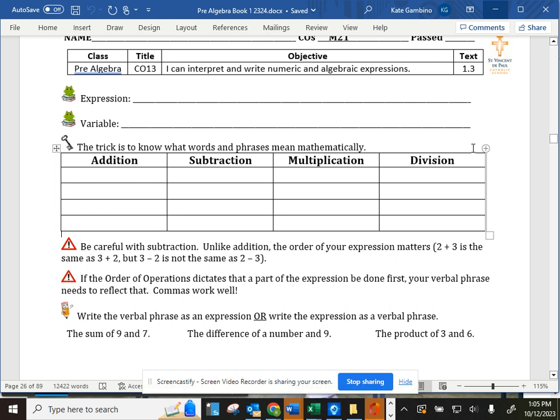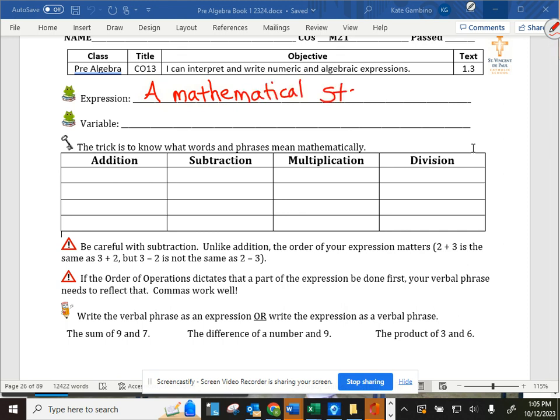So this is the building blocks. We start off our unit going a little slow, and we're going to build on it. So first thing we have to know is, what is an expression? An expression is a mathematical statement. And when we do algebra, we use variables.